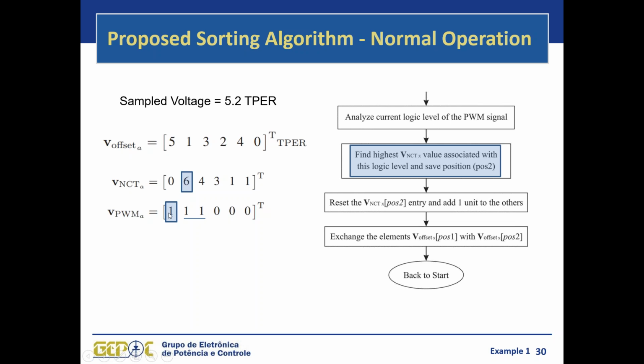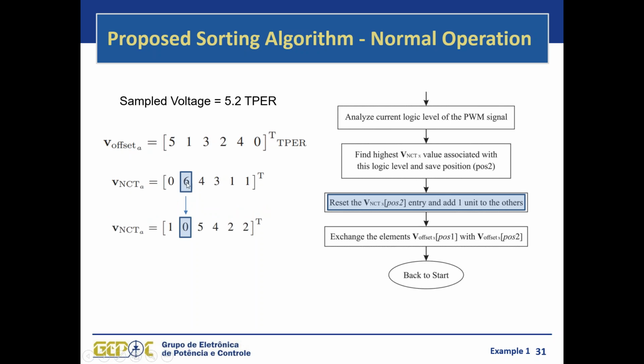So the 3 active high switches are at logic level 1, and we can see that switch S3 has stayed the longest time period without changing its status. It has stayed for 6 interruptions without changing its status, while switch S1 has just changed its status. We can see here that its entry is equal to 0. So what we do is reset this value here from 6 to 0, and we add 1 unit to all the other entries of the V NCT vector, and we have this new vector.